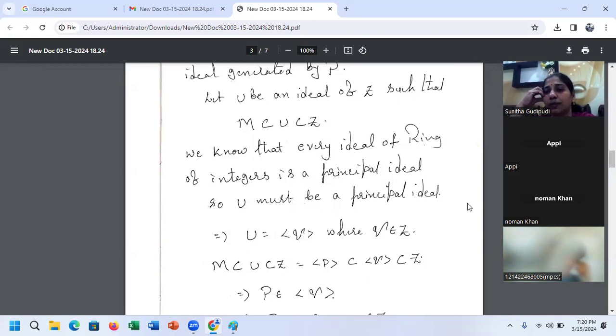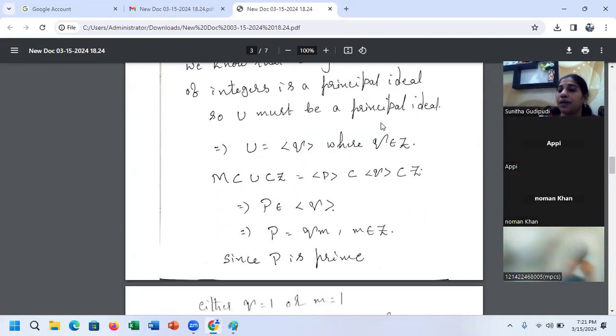Example, the ideal generated by 2. What are the elements? 2, 4, 6, 8, and so on, all multiples of 2. The ideal generated by 5: 5, 10, 15 or minus 10, minus 15, etc. All elements of the ideal are multiples of 5. So if it is a principal ideal, it should be generated by one particular element. And every ideal of the ring of integers is a principal ideal.